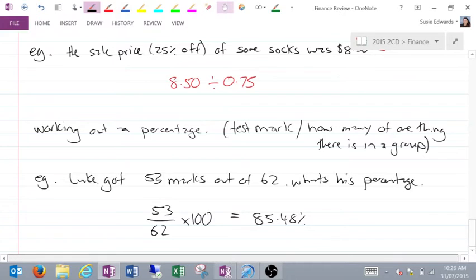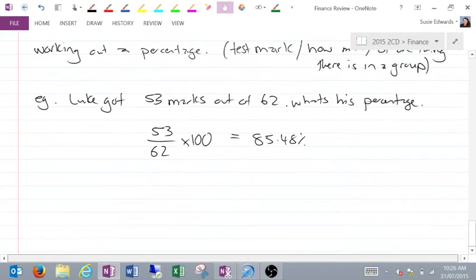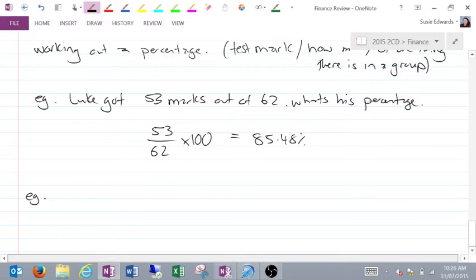Okay, so there's also questions which might say, e.g., who has a collection of something? Pokemon cards. Okay, Josh has how many Pokemon cards? Okay, 98 Pokemon cards.